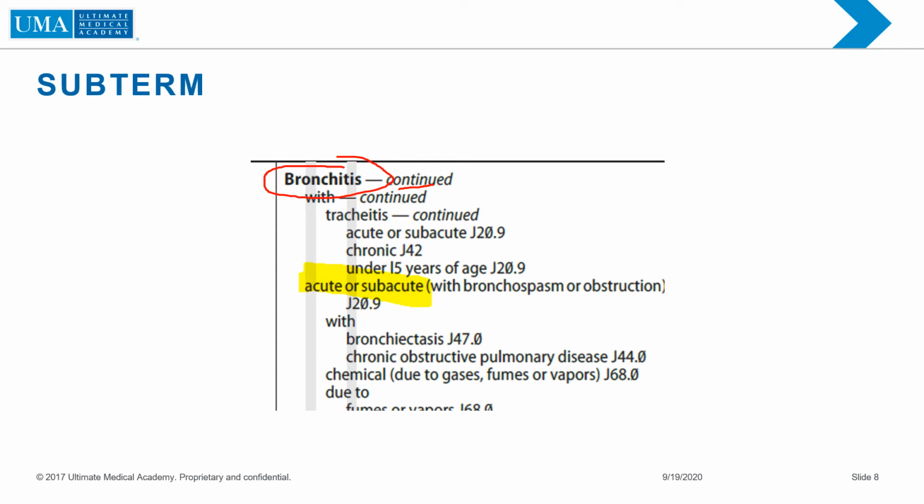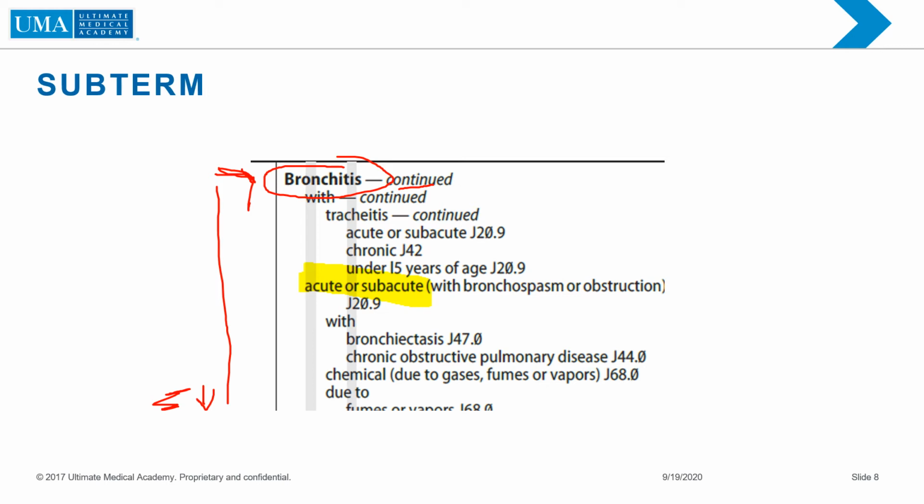So bronchitis would have started in column 1, probably down here, and then went all the way down and is now continuing up to here. In that example, it said acute bronchitis. So we're going to follow this down.